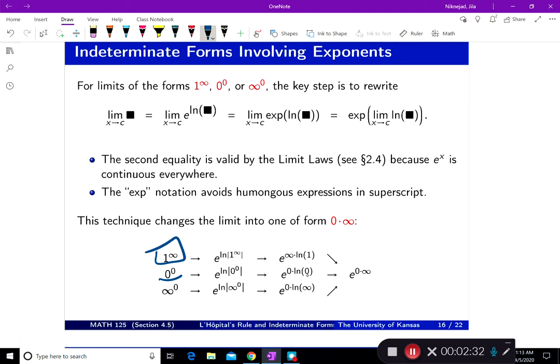The 0 comes down, natural log of 0, and it's again 0 times infinity. Infinity to 0, again the same story: 0 comes down and you get e to the power 0 times infinity. We're not calculating numbers here, we're just calculating the forms.